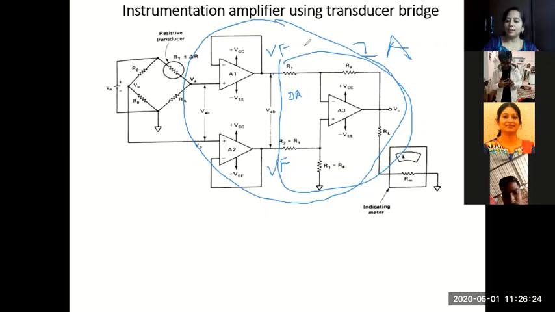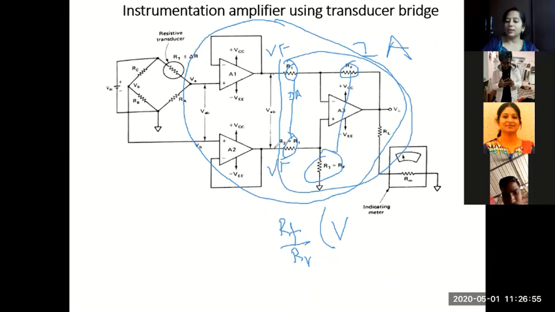What is the gain of this circuit? RF by R1. Yes or no? When I take this resistance is equal to this resistance, R1 is equal to R2 and RF is equal to R3, when you equate these two and these two, what is the combined gain of this stage? The combined gain of this stage will just be RF by R1 into whatever is the differential voltage which is given.